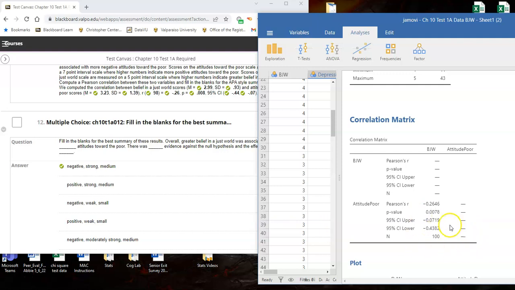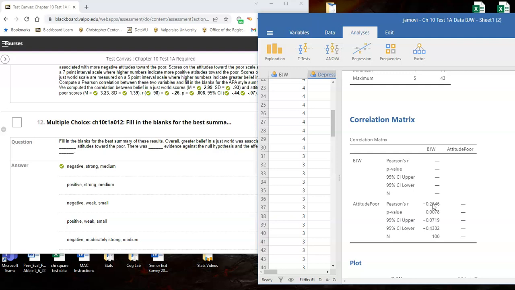There was strong evidence, again, because the p-value is very small. And it's medium because if we square the correlation of 0.26, we're going to get something that's closer to the medium cut line for the effect size of R squared, which, again, is something close to 0.09.